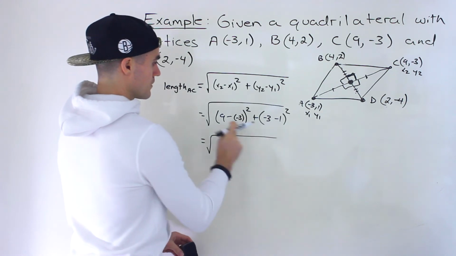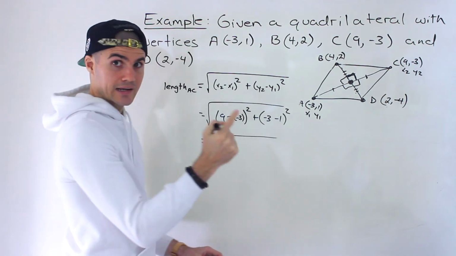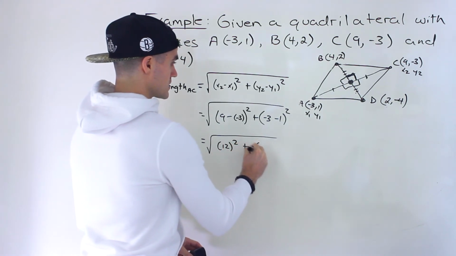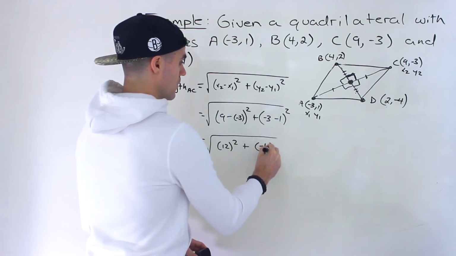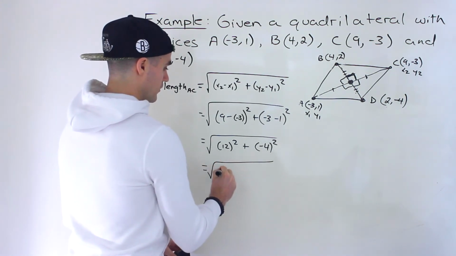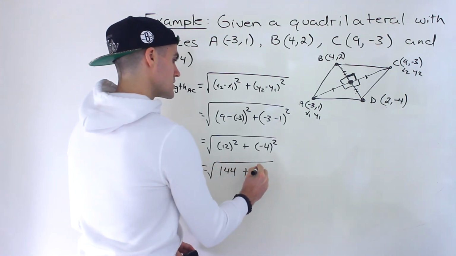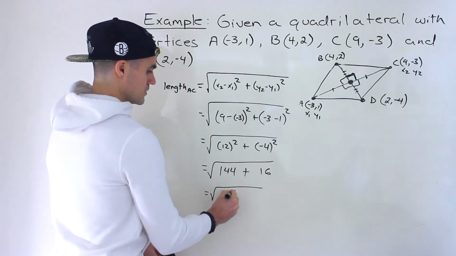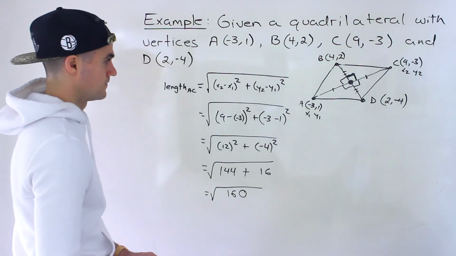So we'd end up with 9 minus negative 3, which is 9 plus 3, so that would be 12, plus negative 3 minus 1, which is negative 4, that's going to be squared. So we'd end up with 144 plus 16, like that. So we'd end up with root 160.